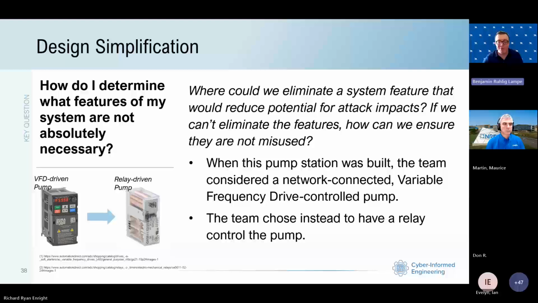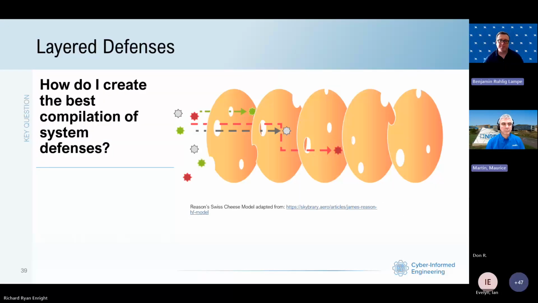Where I couldn't simplify, that could inform how I can monitor for abuse of a protocol that I don't expect to be used based on the design. But you can see how engineering can drive that conversation in the event you're not able to simplify due to trade-offs or market constraints in your products, or in your system design as a way to achieve this principle. So I'll hand it back over to you, Maurice, for the next principle.